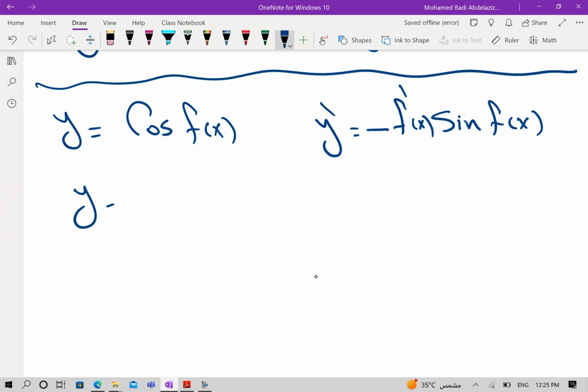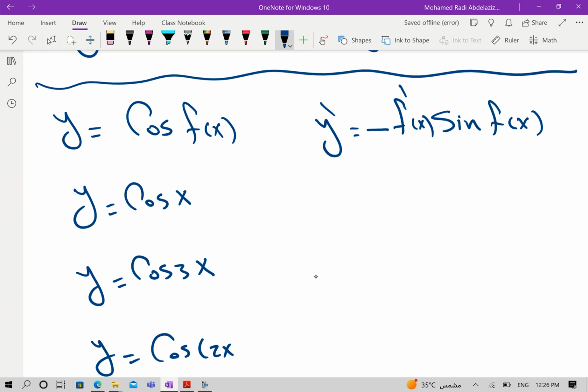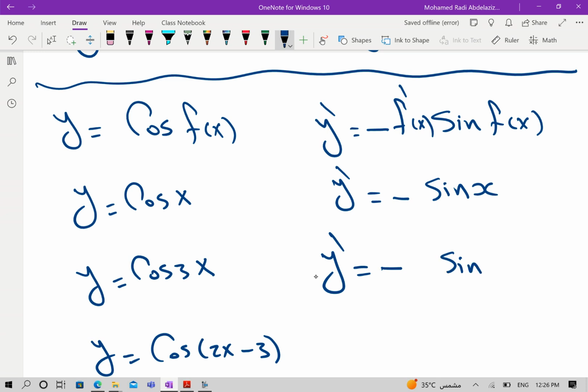So if y equals cosine x, y equals cosine 3x, y equals cosine 2x minus 3. Y dash is, the first one, differentiation of cosine is negative sine. If you try to differentiate x, it will be 1. Next, y dash is negative sine 3x multiplied outside by 3.